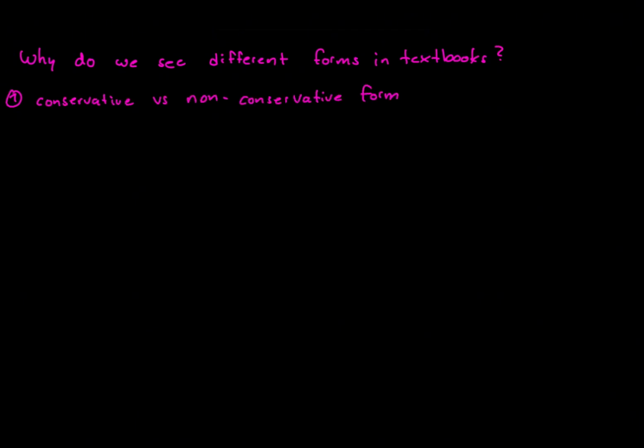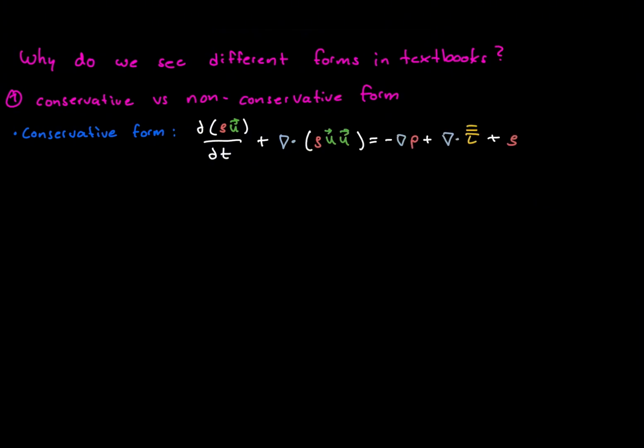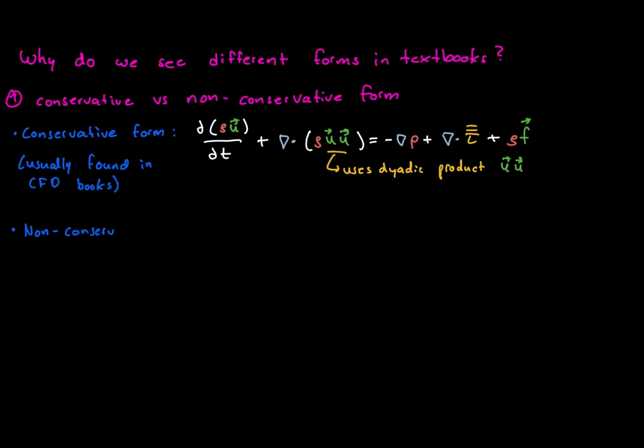In the literature, you may see different forms of the Navier-Stokes equation. For example, in conservative form, it may be written as partial of rho u with respect to time plus divergence of rho u equals minus gradient p plus divergence of tau plus rho f. This form is common in computational fluid dynamics.